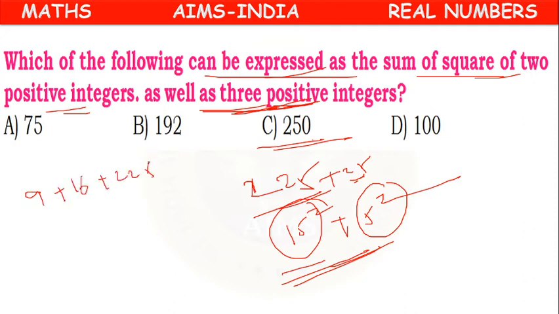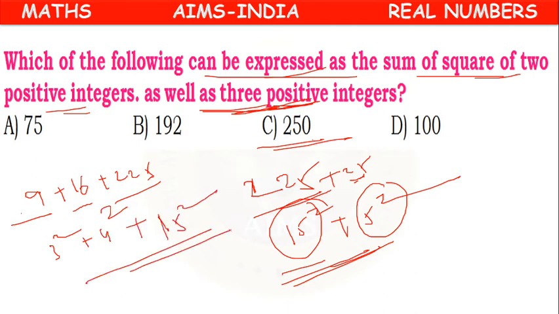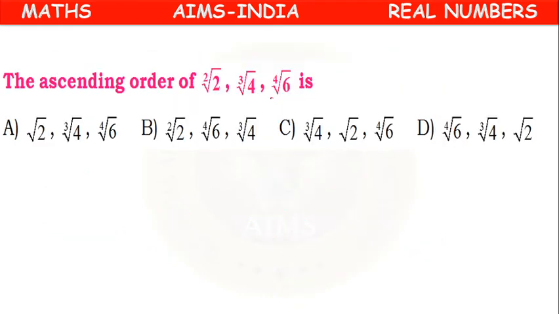So 250 can be written as 9 plus 16 plus 225, where 9 stands for 3 square, 16 stands for 4 square, 225 stands for 15 square. So the number 250 can be written as the sum of squares of two positive integers and of three positive integers. C option is the right answer.